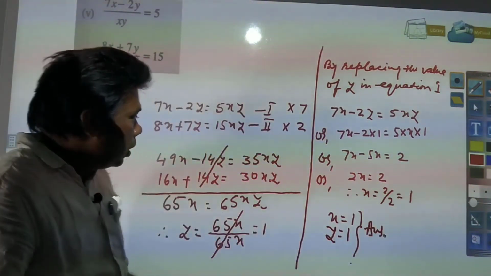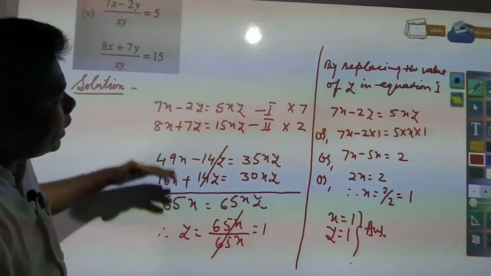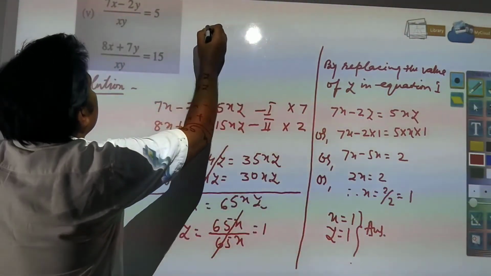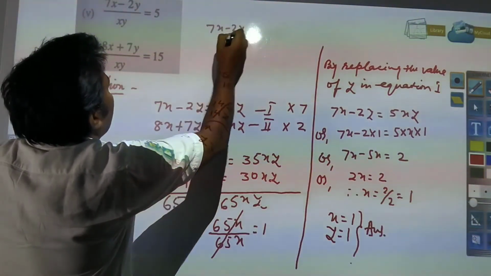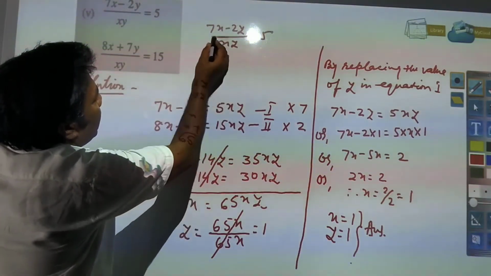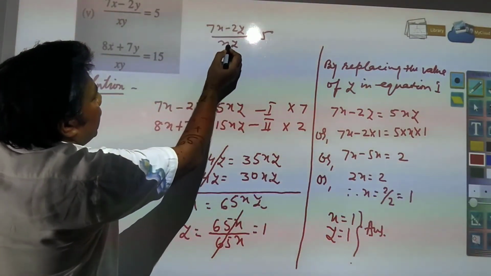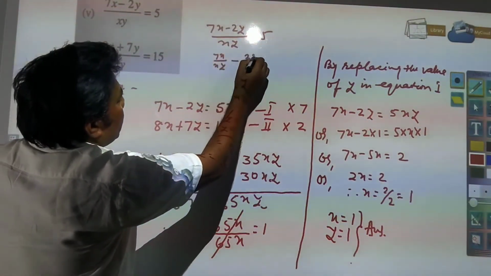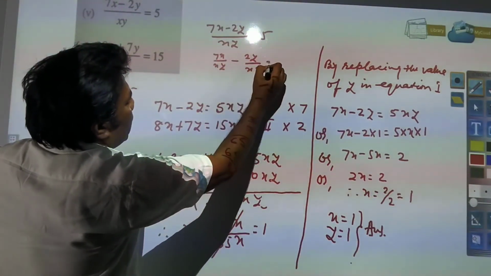So one way is there, directly you can do like this, and the second way is there, this 7x minus 2y by xy, what can be done? This can be simplified and xy can be divided in both. So 7x by xy minus 2y by xy is equal to 5.